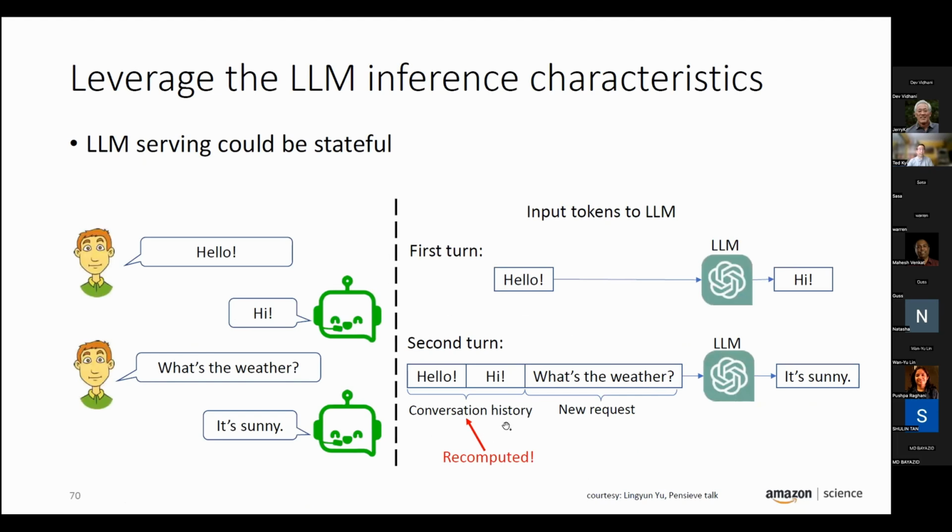Then the next topic was that you could do KV caching in a way that is stateful. If the first token in a conversation is hello, then for every user where the first token is hello, that hello is going to have the exact same keys and values.